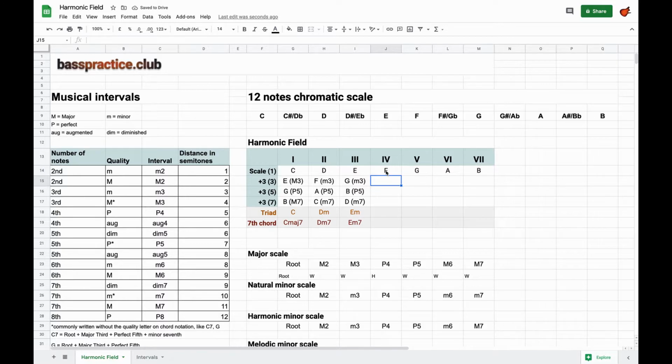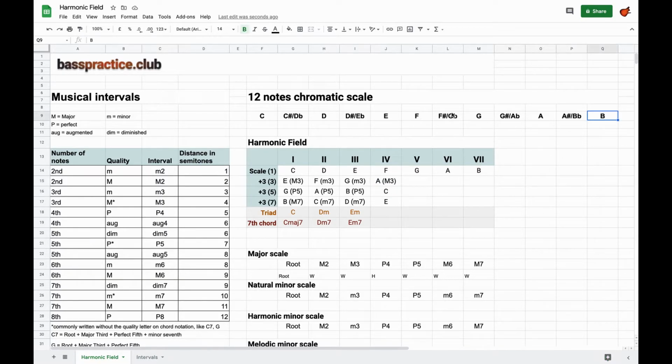Now, with the F, F plus 3 on the scale: 1, 2, 3, A. A plus 3: A, B, C. C plus 3: C, D, E. Now we can take a look from F to A. How many semitones? 1, 2, 3, 4. 4 semitones, major third. So this one is a major third.